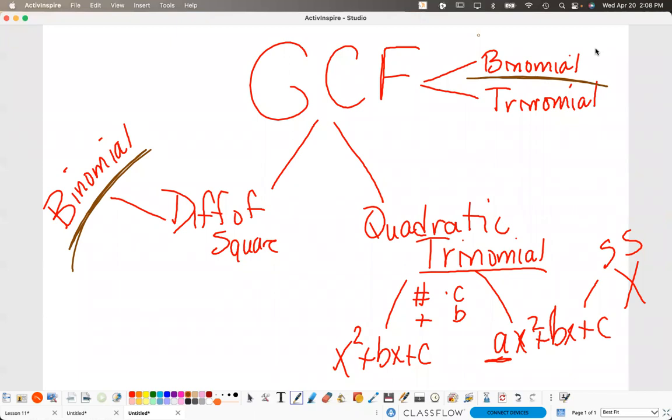Doesn't it look like x squared plus bx plus c? So can I factor it that way? The answer is yes. What multiplies to get 35 and adds up to 2? What multiplies to 35? Start there.